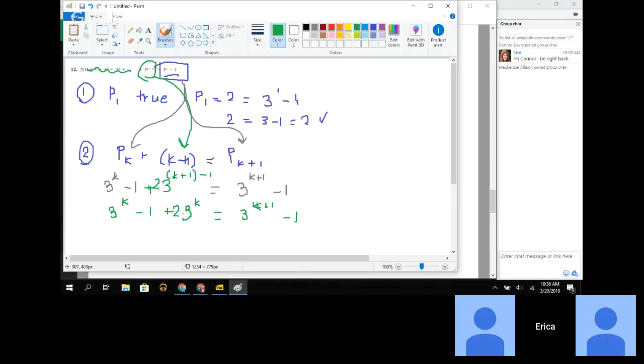So, how am I going to make these two guys look the same? Well, let's see. I've got 3^k plus 2 times 3^(k-1) equals 3^(k+1) minus 1. And somehow on my paper, I just was able to assume that that was true.